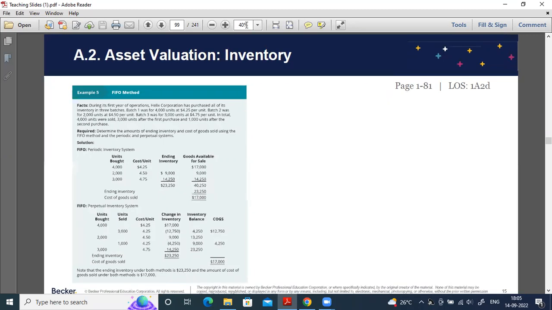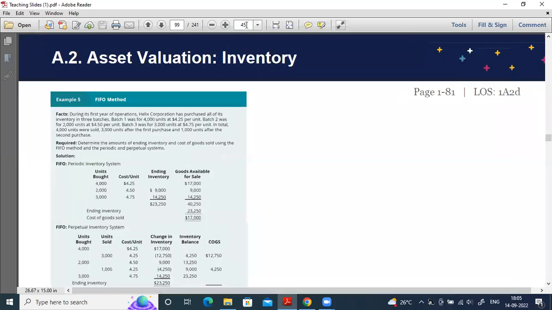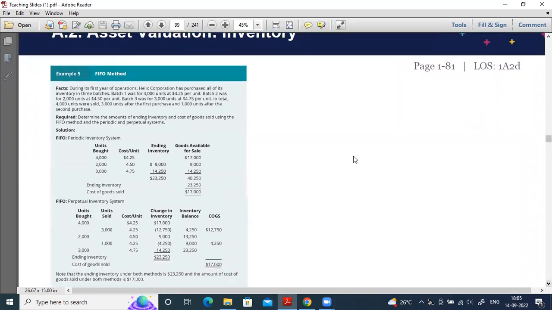Now, meantime, let me explain this problem. I hope you can see my screen, Vijayalakshmi. Yes, sir. Now here, the problem is we discussed it: they purchased the material in 3 batches. Batch 1, 4,000 units.